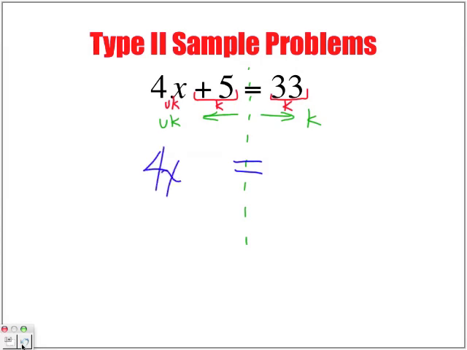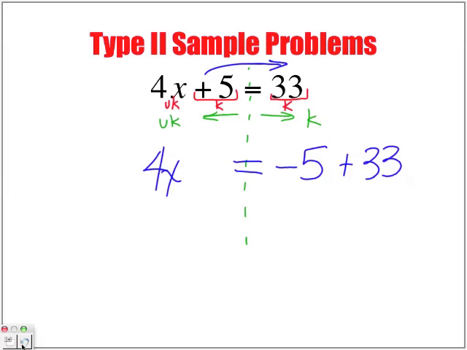Positive 5, should it stay on this side of the equal sign? No, because it's a known. We said we're going to put knowns onto the right side. So when we move it across the equal sign, positive 5 becomes negative 5. Okay. Then this positive 33 is a known value. It's on the correct side. So 33 by itself just means that it's positive 33.